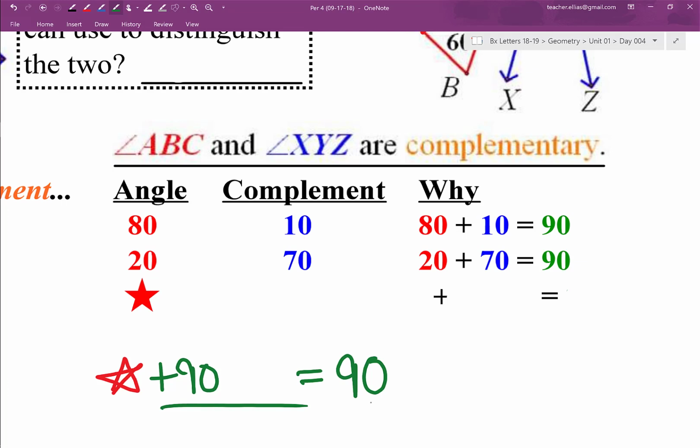You all are getting real close. You want something on the left side to cancel out, to become 0. How do you cancel out star? Another star. A negative star.